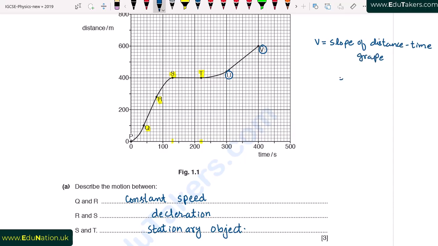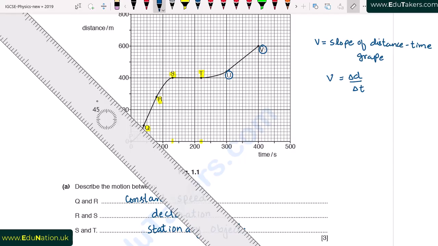And this slope is equal to delta D over delta T. These are 2 points U and V. We have to find out their corresponding time values and distance values. So by using a ruler, I draw the lines.